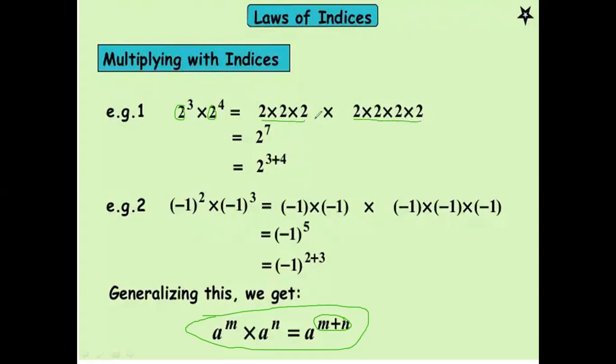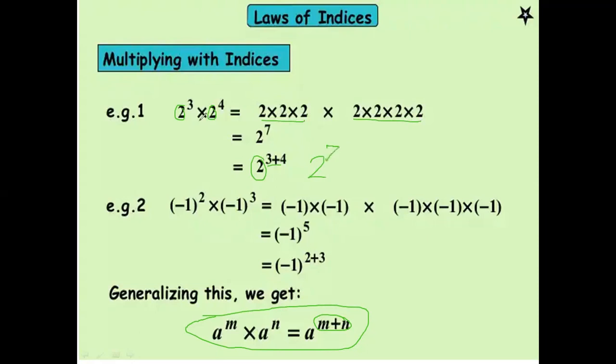So that means it is just equal to 2 raised to a power of 3 plus 4. That means you keep the base and add the index. So that means 2 to the power of 7.